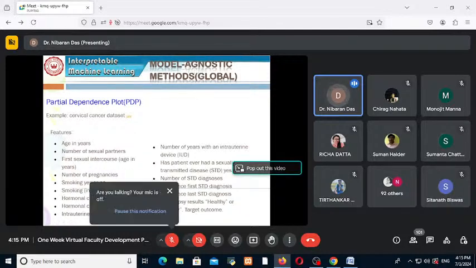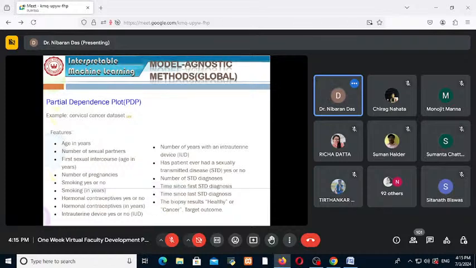Has the patient ever had a sexually transmitted disease, yes or no, number of sexually transmitted disease diagnoses, time since first diagnosis, time since last diagnosis, and the biopsy results, healthy or cancer, are the target outcomes.